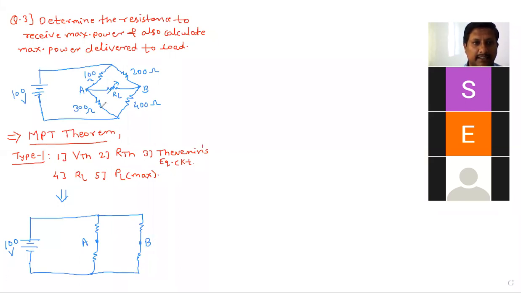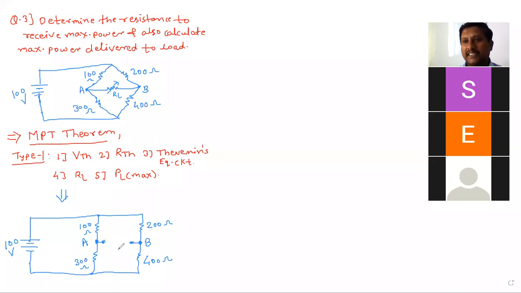I just straightened the 100 and 300. This is 100 ohm. This is 300 ohm. Between that A point is there. Now this is the 200 ohm. This is the 400 ohm. And between these two resistors, B point is there. And between A and B, the load resistor has been removed. So these are the two terminals, A and B.